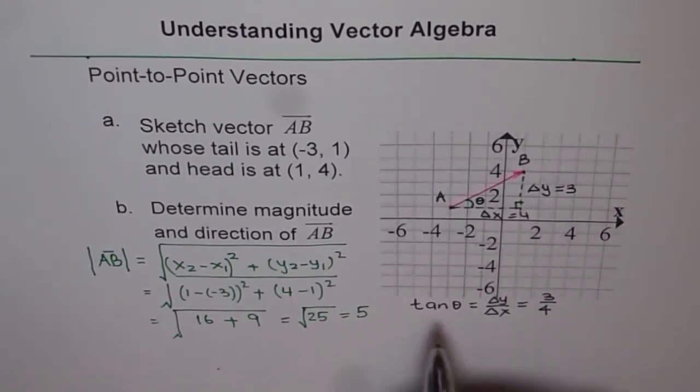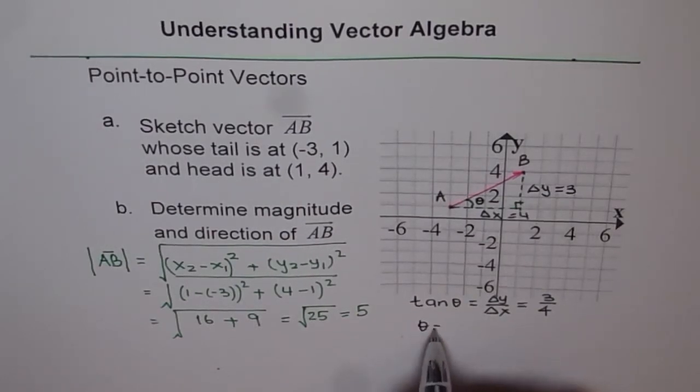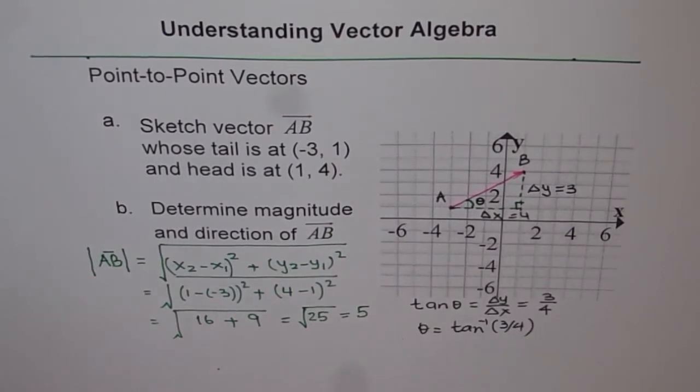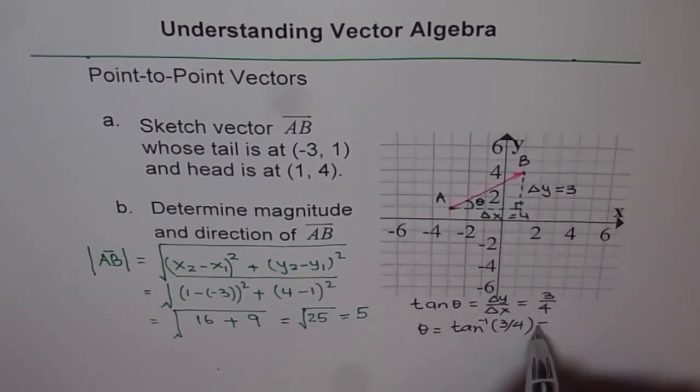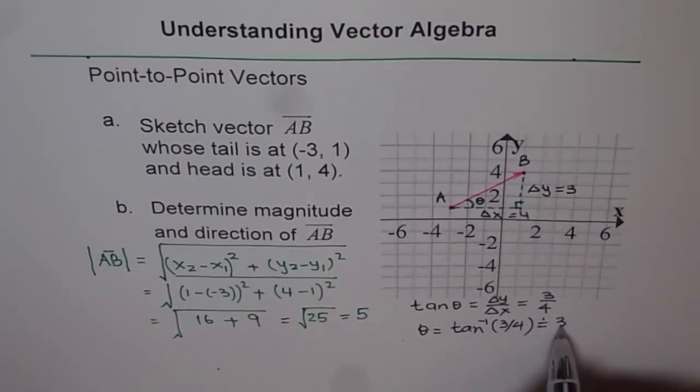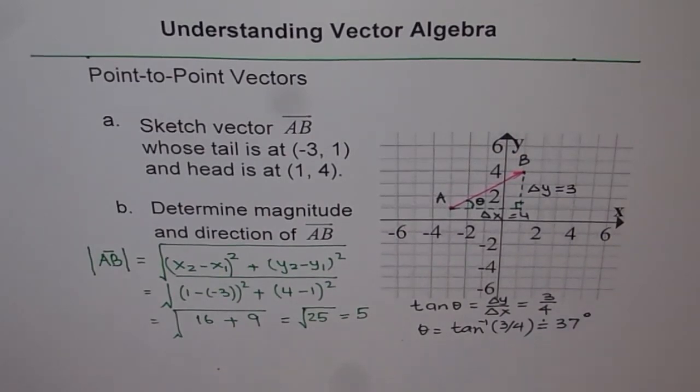If tan theta is 3 over 4, theta is tan inverse of 3 over 4. So let's find tan inverse of 3 over 4 using a calculator. We do 3 divided by 4 and then shift tan inverse of our answer: 36.869. I'll just round it to whole numbers. Let me write this as 37 degrees for the time being. So that is our angle theta.